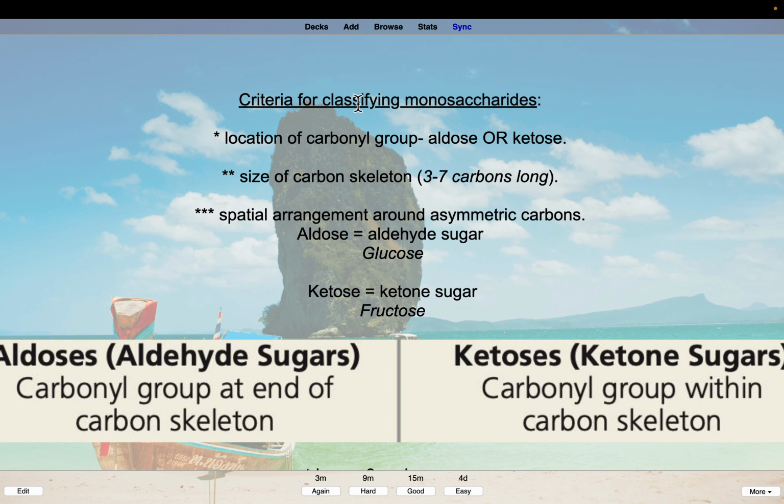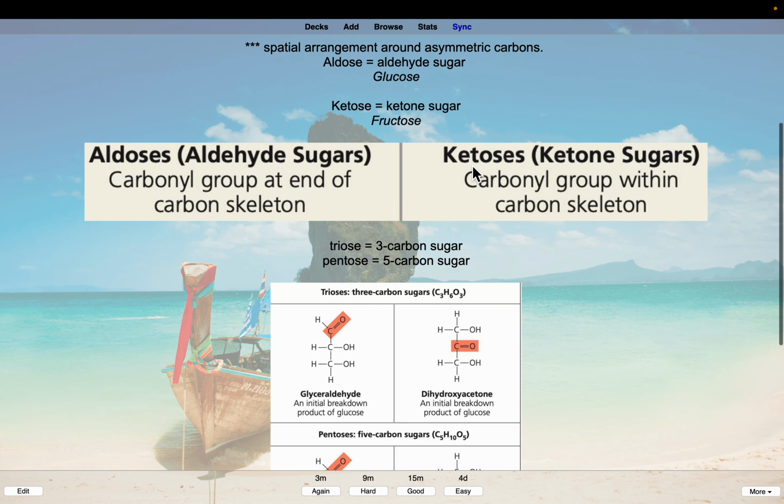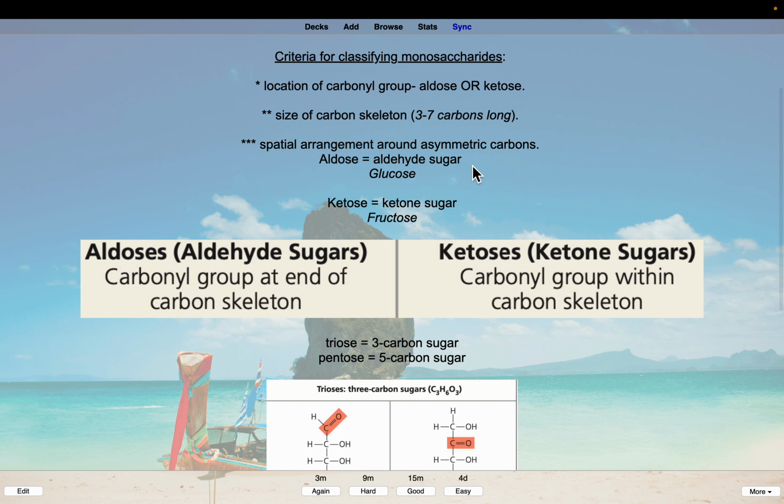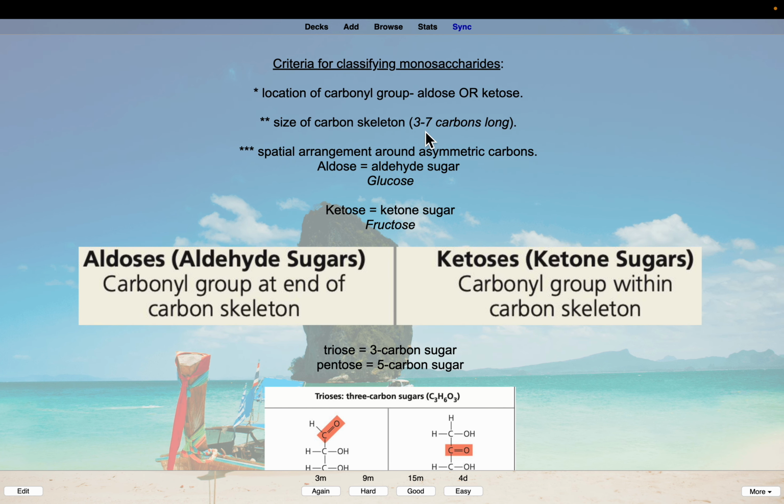What is the criteria for classifying monosaccharides? So we have three, I think. First is the location of the carbonyl group, aldose or ketose. Let's see if there's a visualization for that. Okay. So either aldose or ketose.